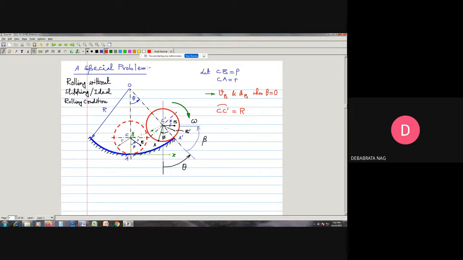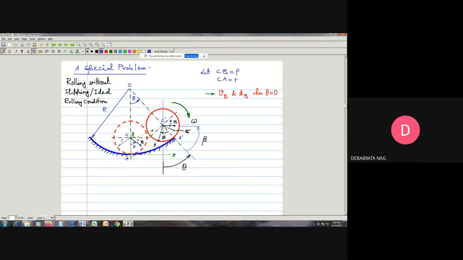Not the arc length CC dash, let us consider not the arc length traveled by the center. Let us consider the arc length traveled by the point A, which is the point of contact of this cylinder initially. Initially this cylinder or sphere-like substance is making contact at point A on this curved surface over which it is rolling, and after time delta t, let us suppose this point goes to the position A prime.